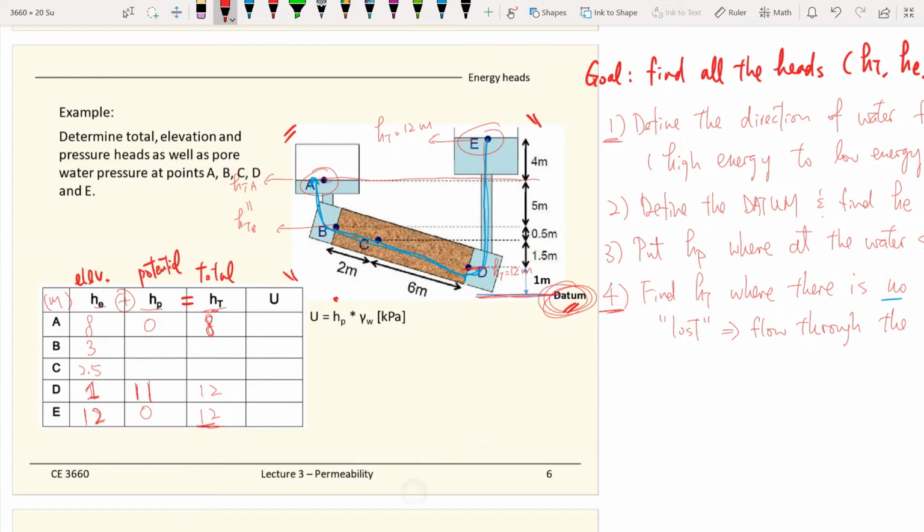So the total head at point B is also 8 because there's no loss. So step number 4 pretty much just takes care of these two total heads right there.